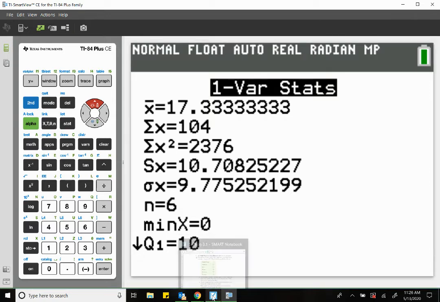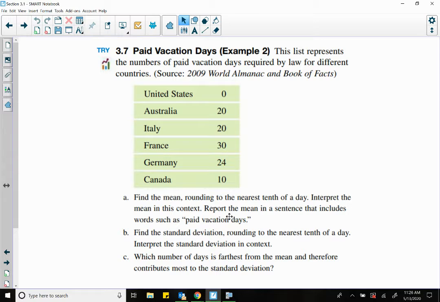17.3 paid vacation days. So if I go back to that, what does this mean? So here is the sentence that I would write. Okay? For these 6 countries we looked at for paid vacation required by law, the average was 17.3 paid vacation days.